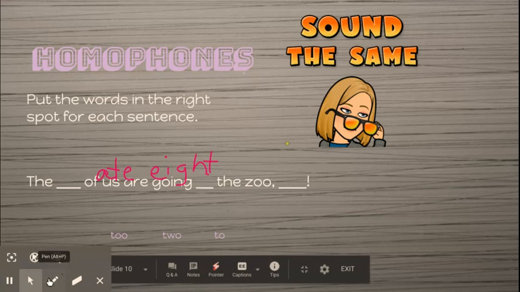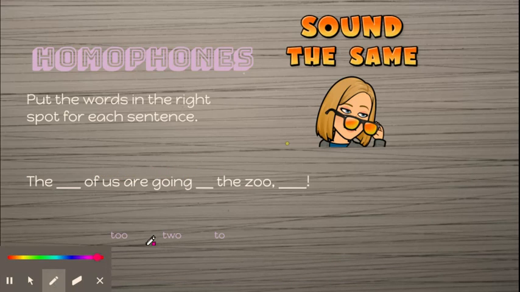Oh, I got one more I forgot. The 2 of us are going to the zoo too. This one's tricky, so we've got 3 different 2s. The 2 of us, which one will fit in the sentence? You should have said T-W-O because it is the number 2.